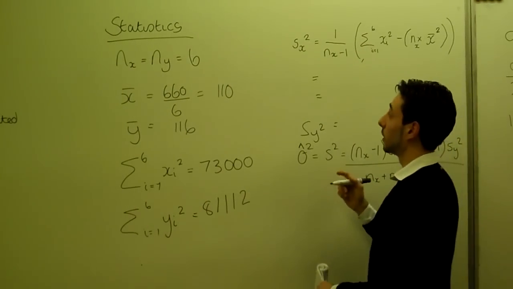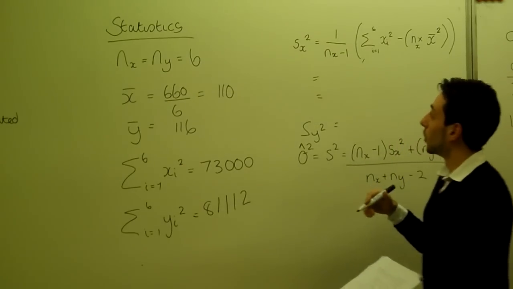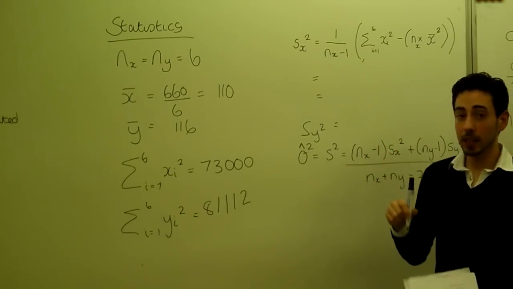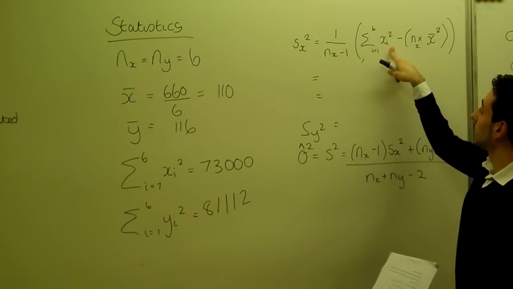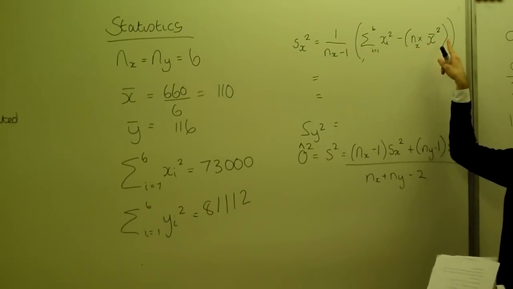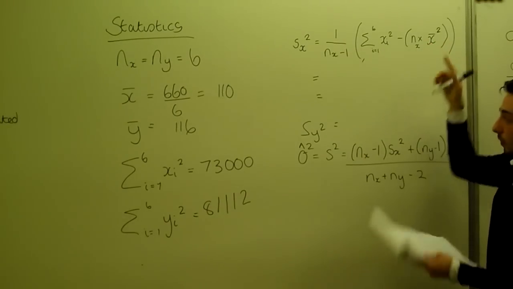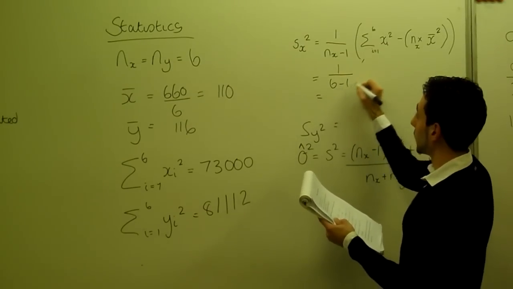Now we need our S squared values. This is our estimator of the population variance for each column. So for this, we need 1 over nx, which is the number of observations, minus 1, multiplied by our xi squared minus the number of observations multiplied by the population mean squared. So if we put these values in, we've got 1 over 6 minus 1.